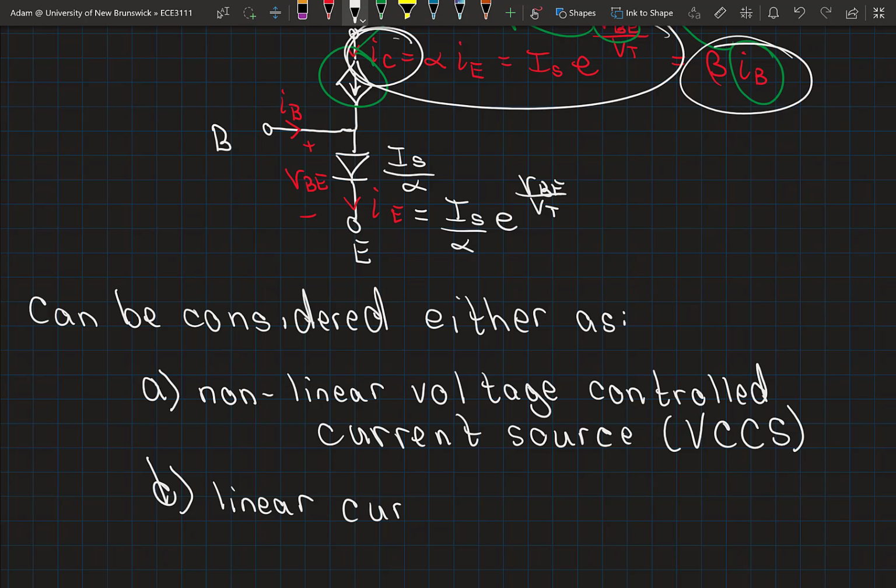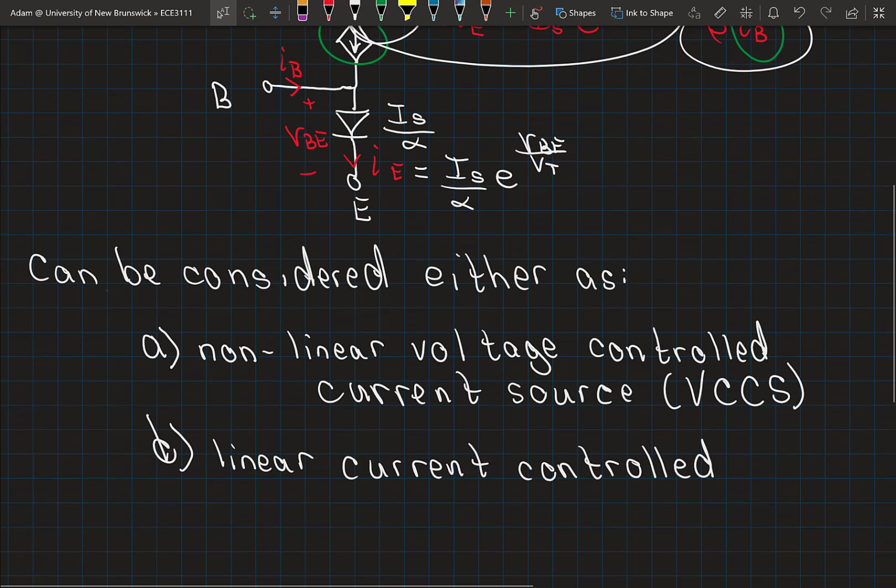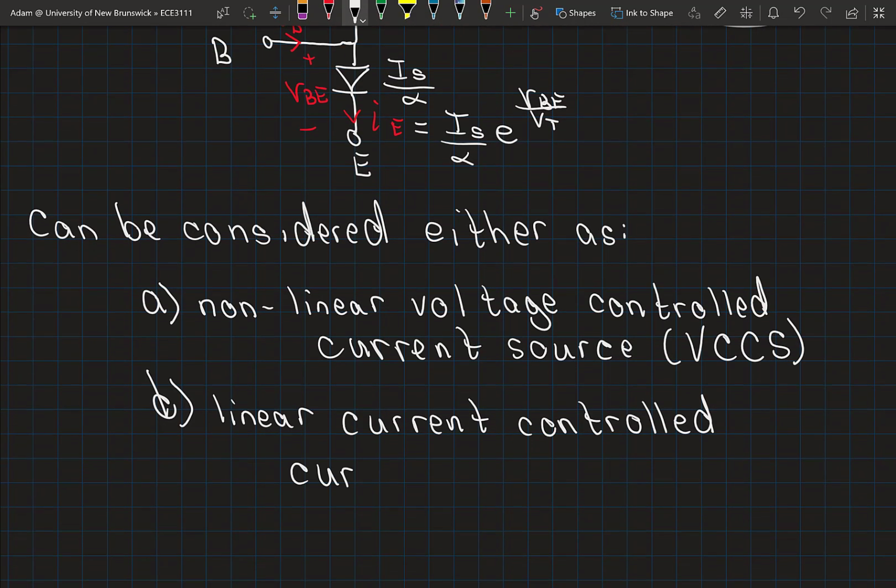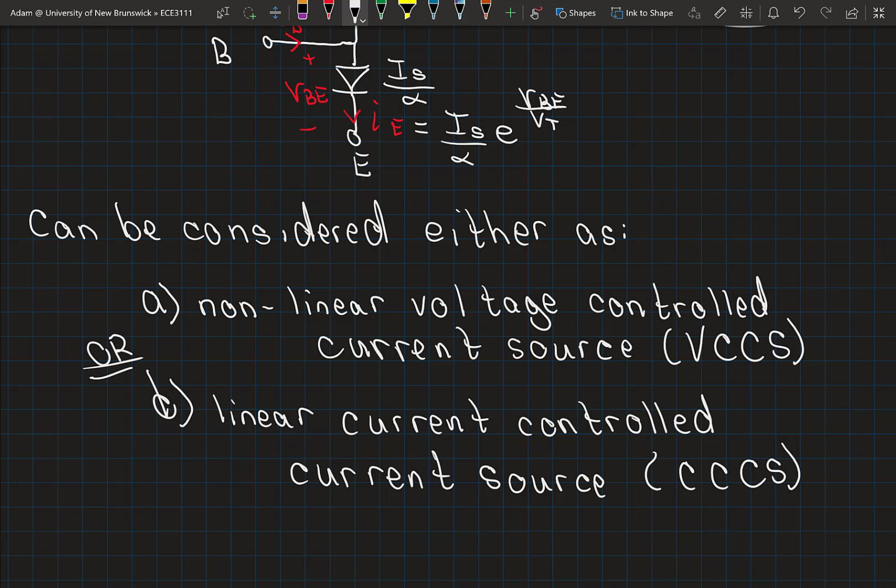So in that case, it's a linear relationship between the input current and the output current, referring to the base current as the input and the collector current as the output. Okay, so in this case, we can treat it like a current controlled current source. So we have two options here.